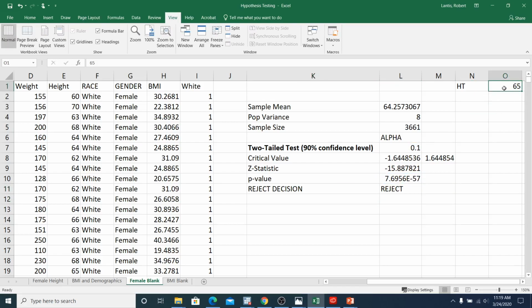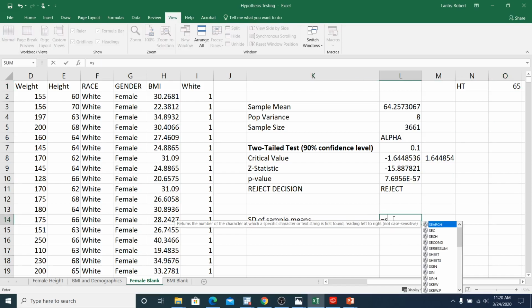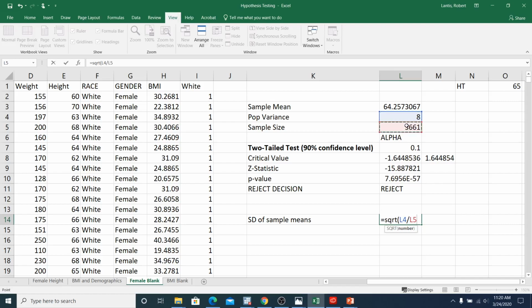Now this is kind of nice, because we have everything referenced. Now look, I'm not very far away from the hypothesized true value, so why am I able to reject? Well, with a sample size of 3,661, remember, the standard deviation of our sample means is the square root of that population variance divided by our sample size.